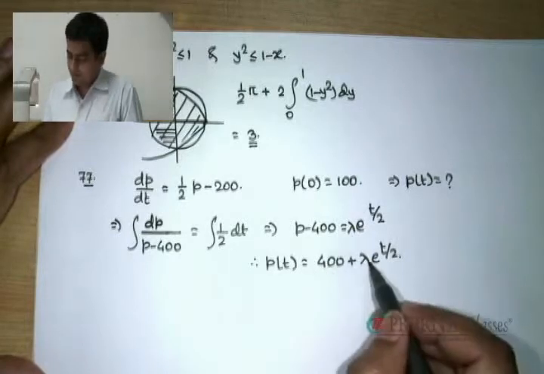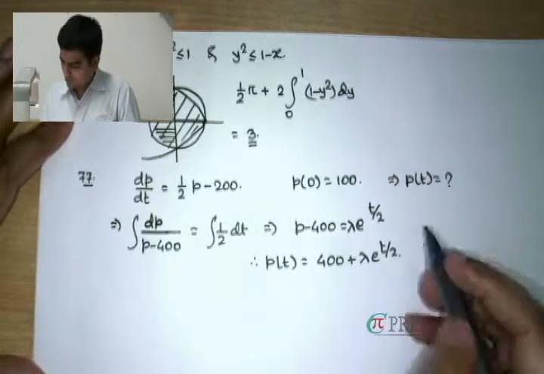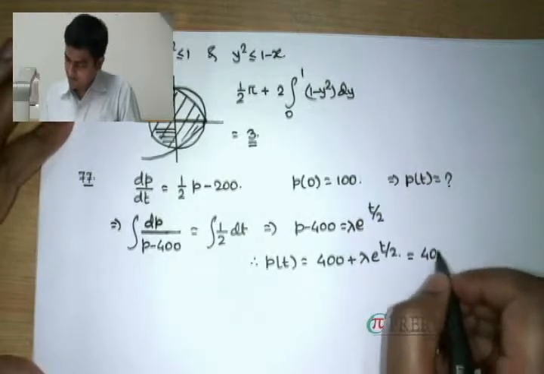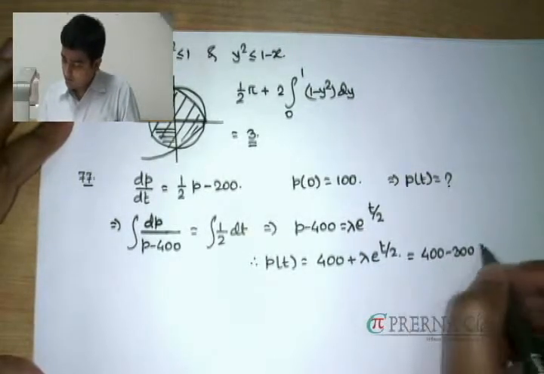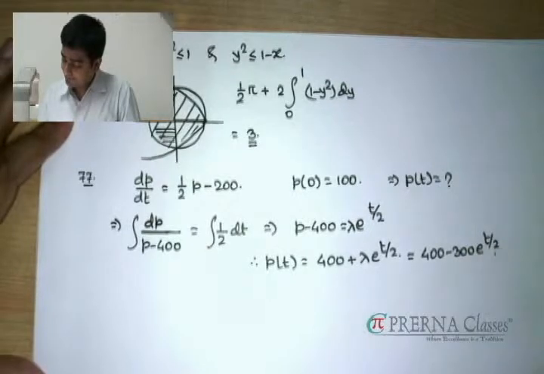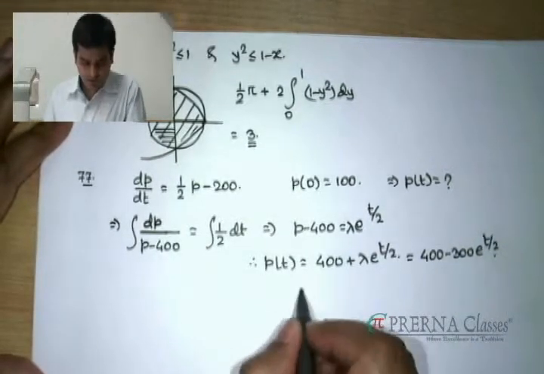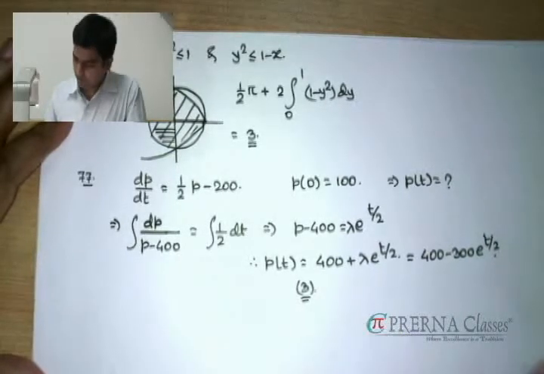One condition is given for this lambda, p of 0 in this case is 400 plus lambda, clearly then lambda is minus 300, hence this is that solution, which if you observe is matching directly with the option 3 in that problem.